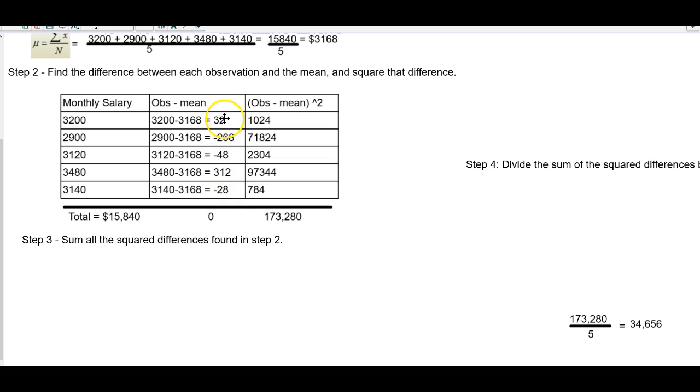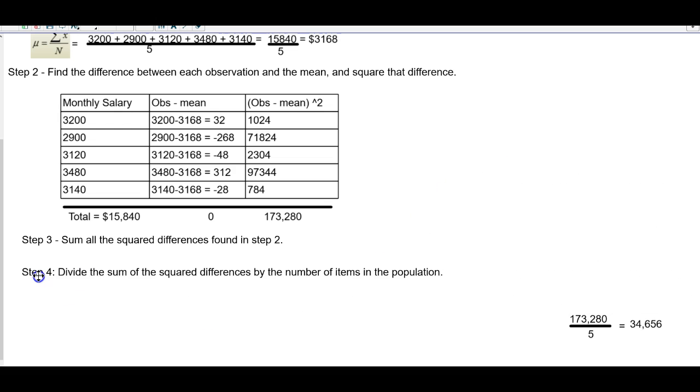And I knew I made a mistake because before I even added this up, I added all these up and I did not get 0. So I knew that I had messed something up, and it turned out that I had misentered something in my calculator. So that's why we do these checks. So that must be 0. And then lastly, I added up all of the squared differences. And so I got 173,280.